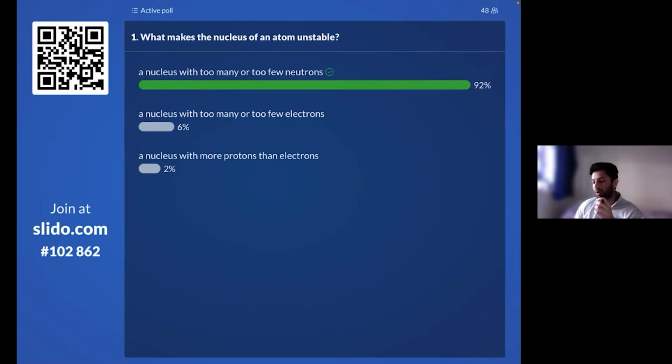An ion won't undergo decay. Whereas an atom with too many or too few neutrons, the nucleus itself is unstable. It's not just that it's reactive, but it's unstable, which is why the top answer, which 92% of you got, is correct. So super.